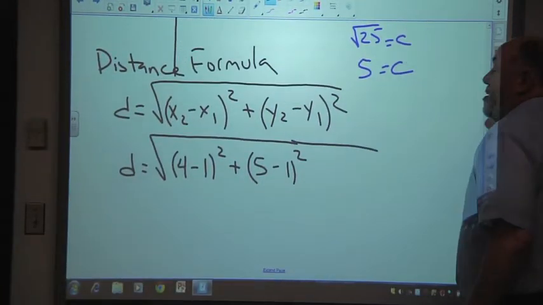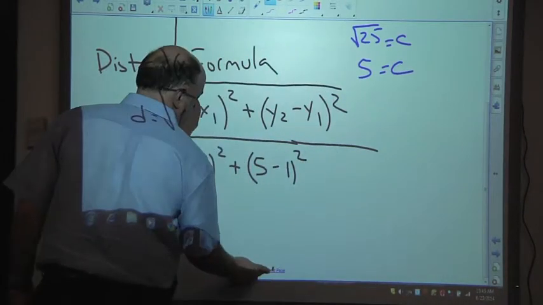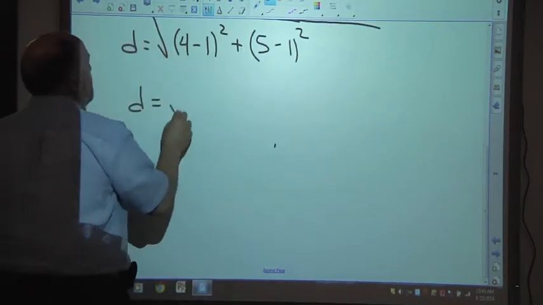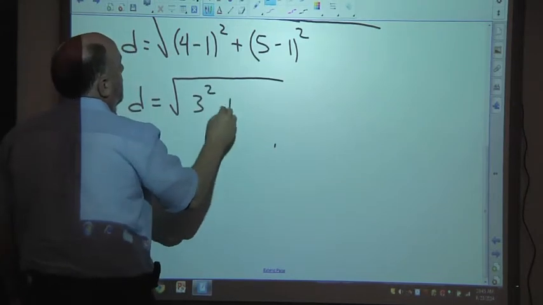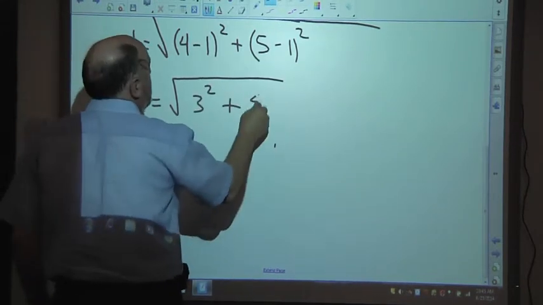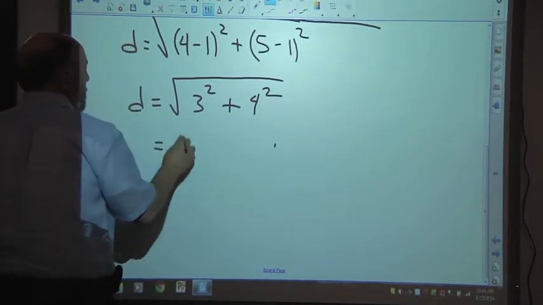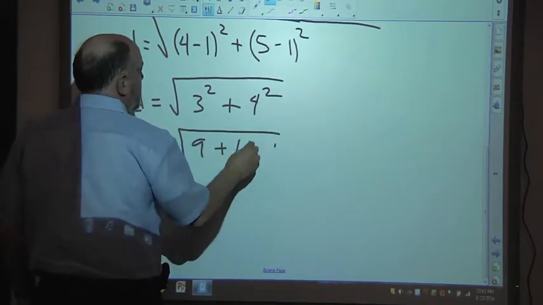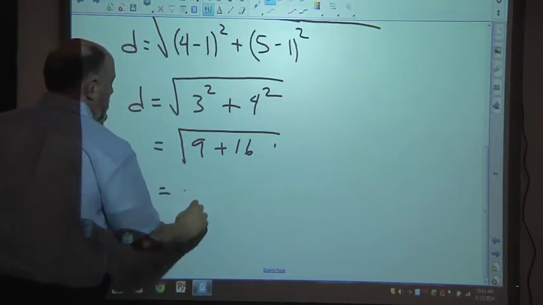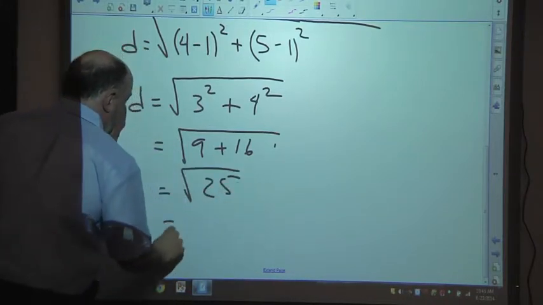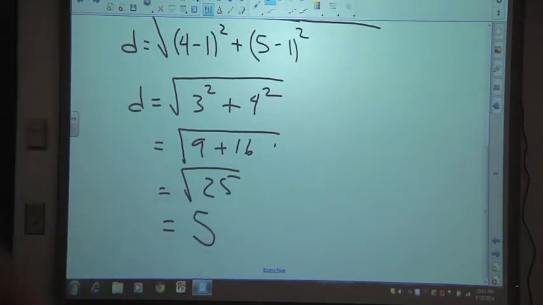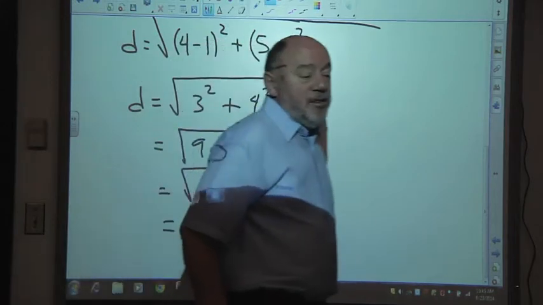Well, 4 minus 1 is 3, so this will be 3 squared. 5 minus 1 is 4, this will be 4 squared. So this is the square root of 9 plus 16. So the square root of 25, and that will be 5. Okay. So the distance formula then is just the Pythagorean theorem rewritten. So given 2 points, we can find the distance in between 2 points by using the distance formula.